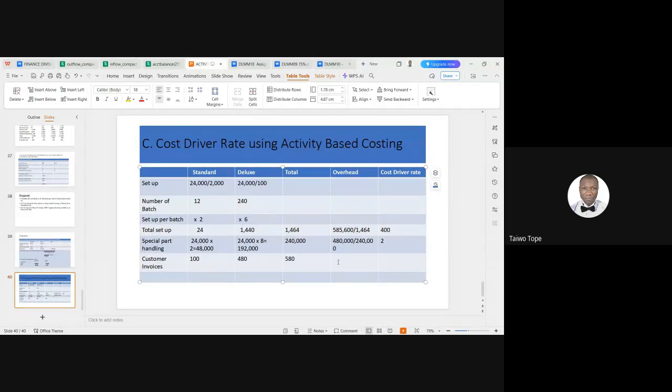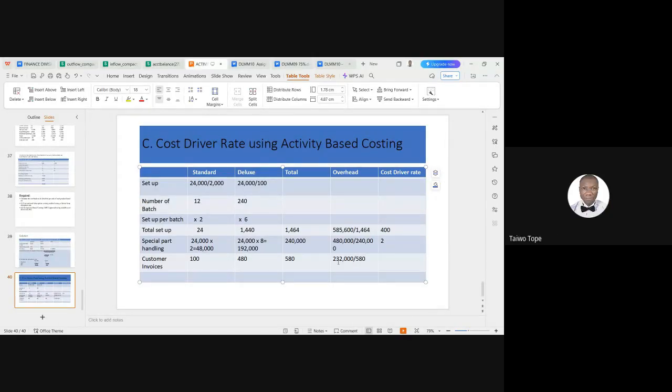From the question, it's 232,000. So to get the cost of one invoice, what will you do? We divide it by 580.